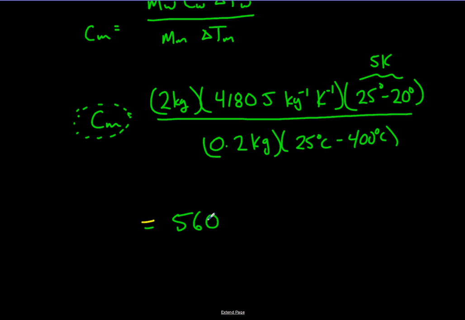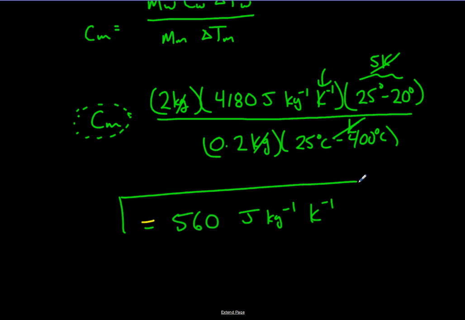Now the question is, what units are those? Let's just see what we have here. We have K on the top, K on the bottom, so those go away. We have this kilogram and this kilogram, so those go away. So we should be in terms of joules per kilogram Kelvin.